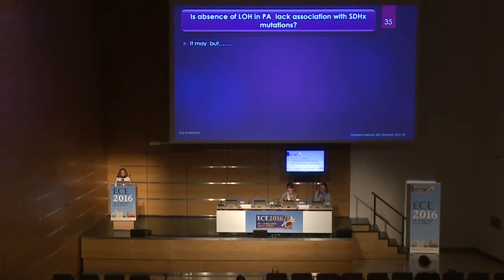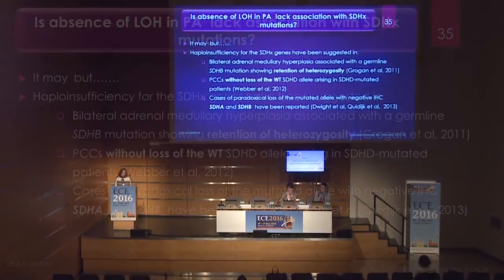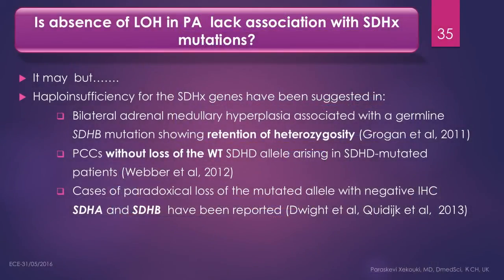Another question that has been raised is the absence of LOH in the pituitary tissue, a lack of association with the succinate dehydrogenase mutations. Indeed, it may. But haploinsufficiency for the SDH genes has been suggested in bilateral adrenal medullary hyperplasia associated with a germline SDHB mutation, which showed retention of heterozygosity.